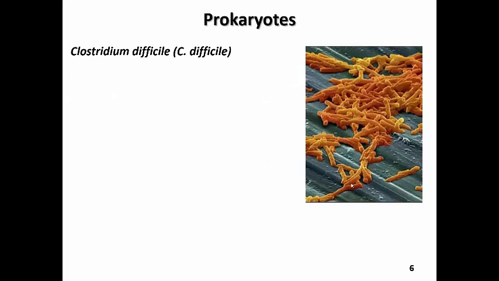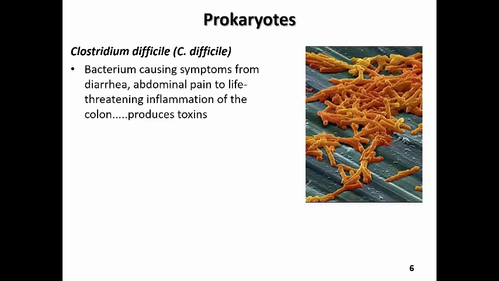The image on the right-hand side is an enhanced electron micrograph of Clostridium difficile. This is a bacterium that is responsible for gastrointestinal distress when a person becomes infected with it.